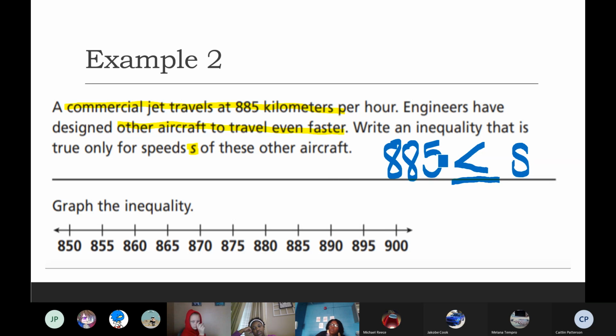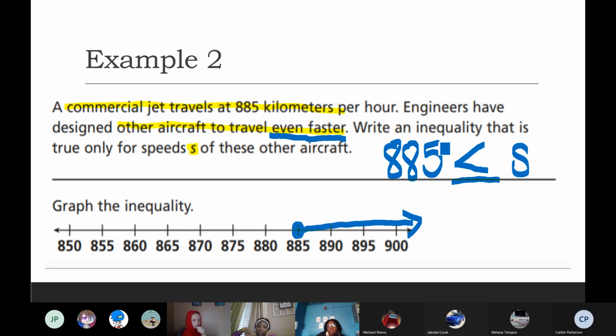So when we are graphing this, I'm going to find 885, draw a solid dot, and shade any number above 885. The key here, y'all, was faster.